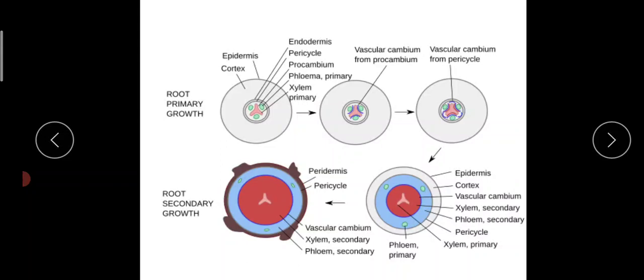For this formation of periderm, a secondary cambium is formed from the pericyclic cells. Pericyclic cells become active and form the cork cambium or the phellogen, and this phellogen cuts off phellum to the outside and phelloderm to the inner side. So that is how the periderm is formed.